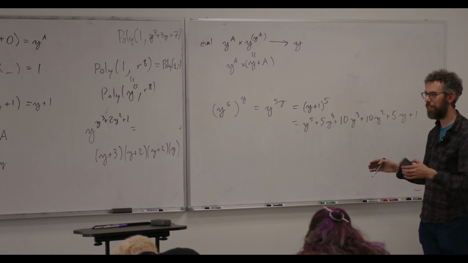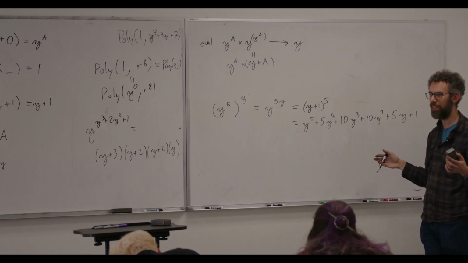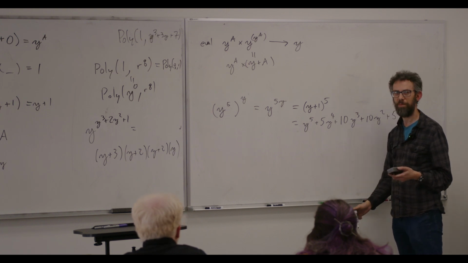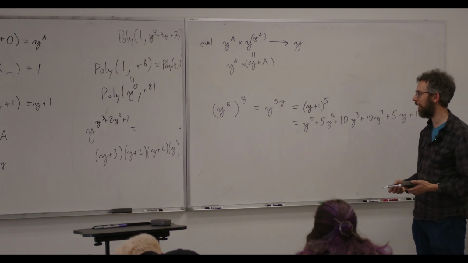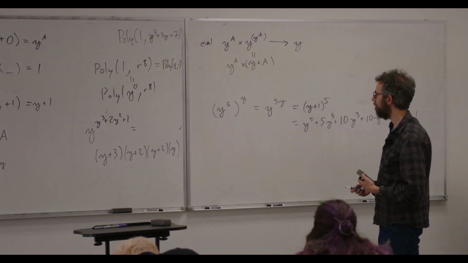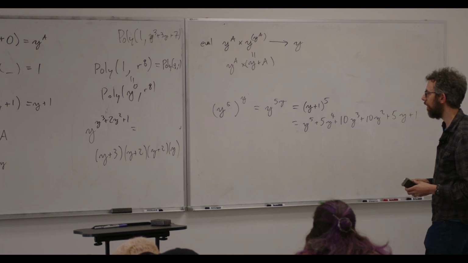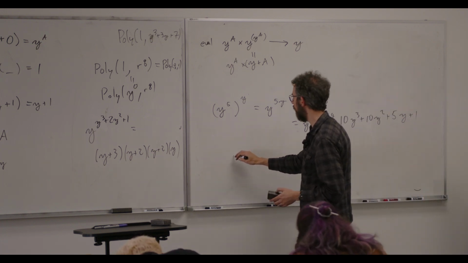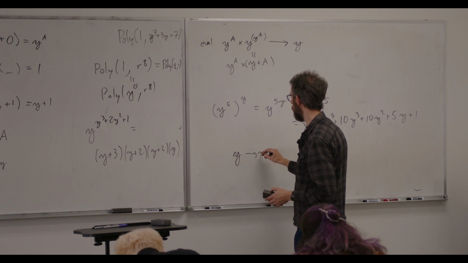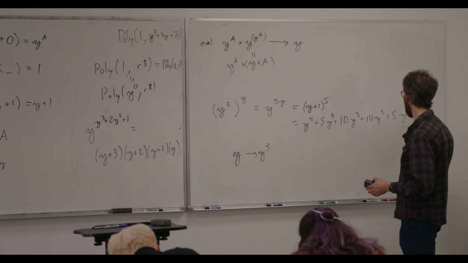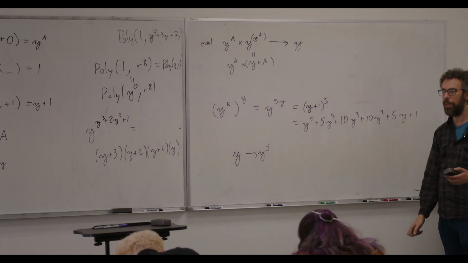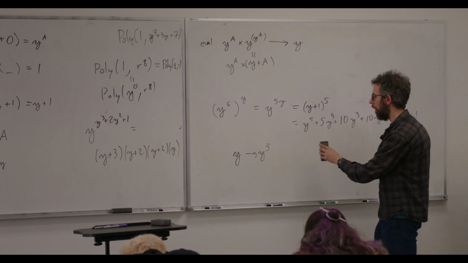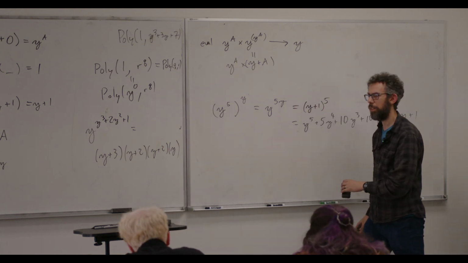You get these Pascal triangle binomial things. It's a weird exponentiation. It's an internal Hom. So how many maps are there from y to y to the fifth? Well, it's the constant term. Guess we knew that. But anyway, any questions on this?